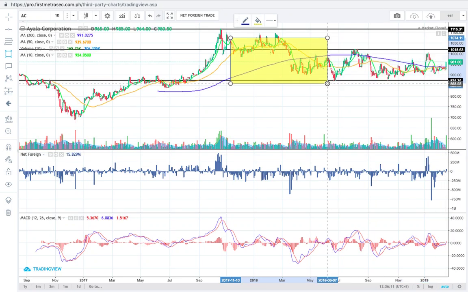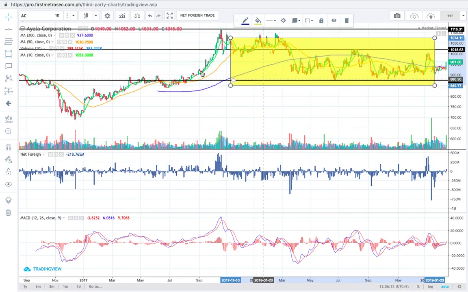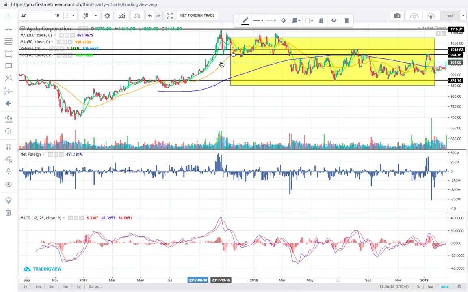That would make you believe, around October 24, that the support was somewhere here. Where was the support then? Somewhere near 1,010 pesos a piece.